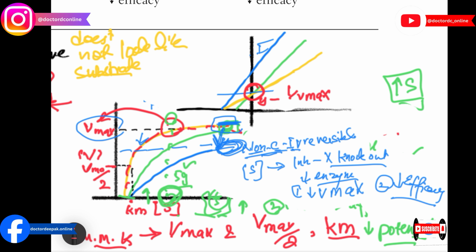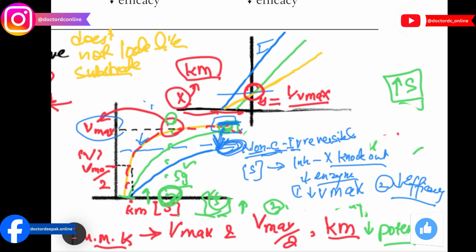Understand? And the point where the line crosses the x-axis is equal to Km. It is a simple trick to read the graph. When any line crosses the y-axis, it is Vmax. If any line crosses the x-axis, this is Km in the Lineweaver-Burk plot.